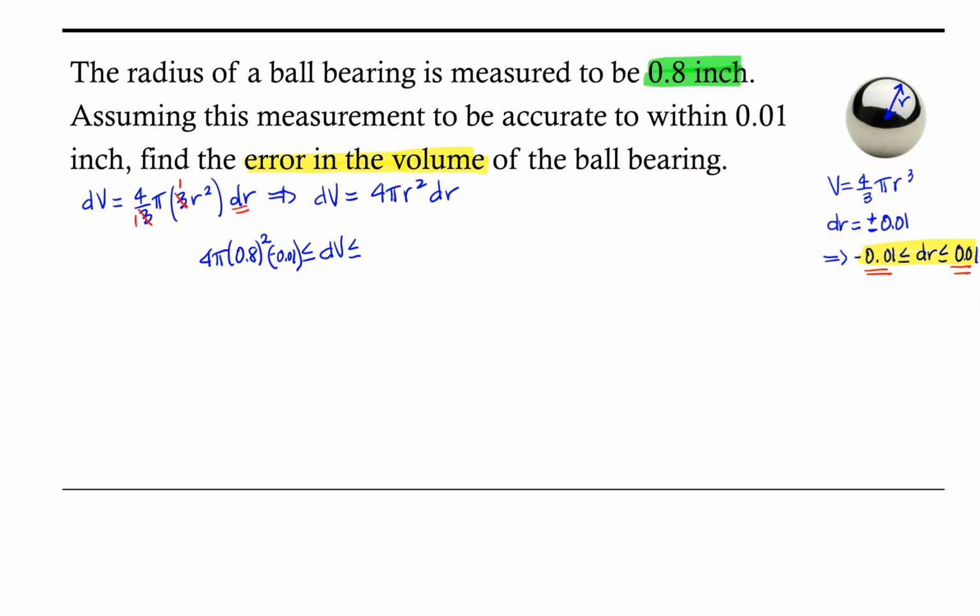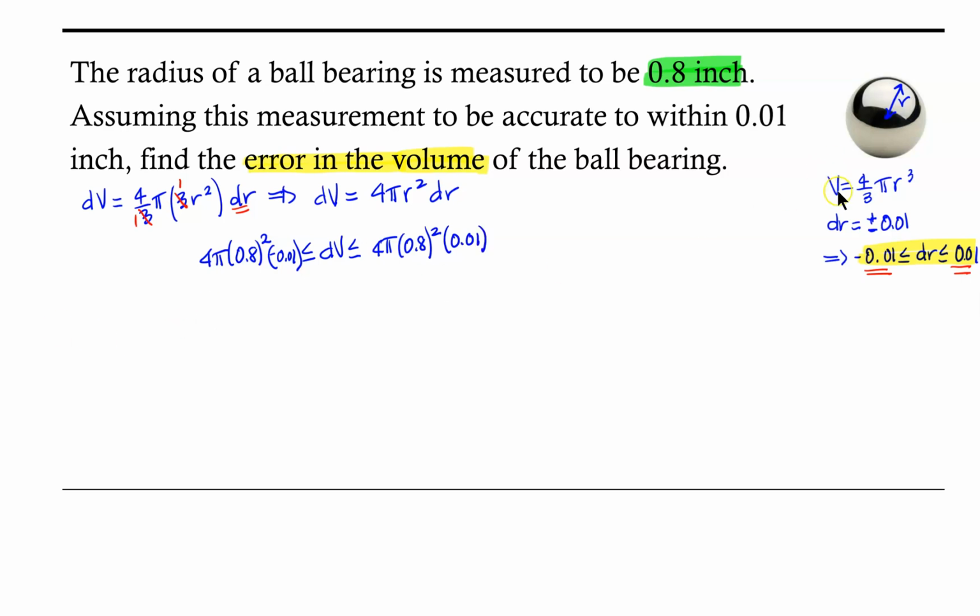And dV could be as small as that, or dV could be as large as 4 pi times 0.8 squared times our upper bound for dr.